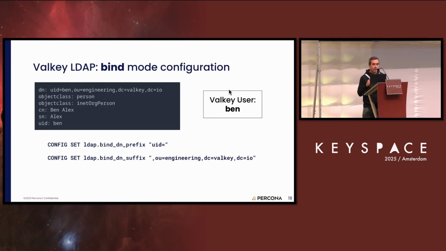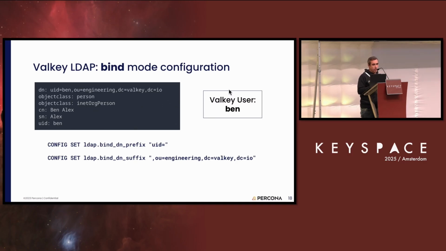As an example, imagine that we are trying to authenticate user Ben, and there's an LDAP entry there, and you see that Ben appears in the distinguished name string, so it's UID equal Ben, and the remaining. For this mode, it's very simple to configure. We just configure the prefix, so it's a template.